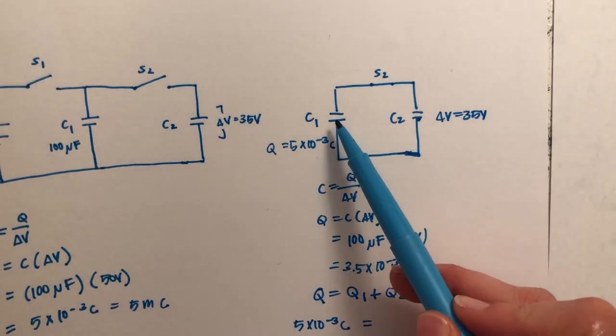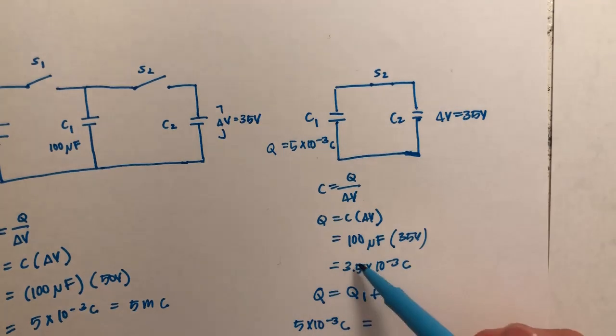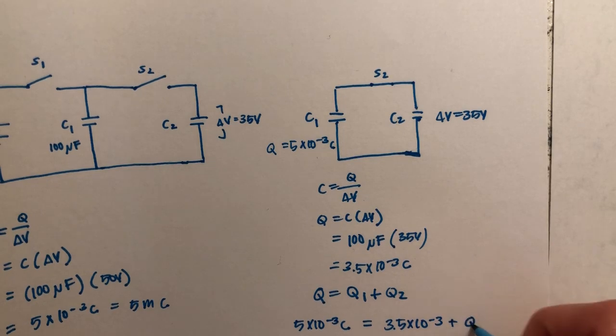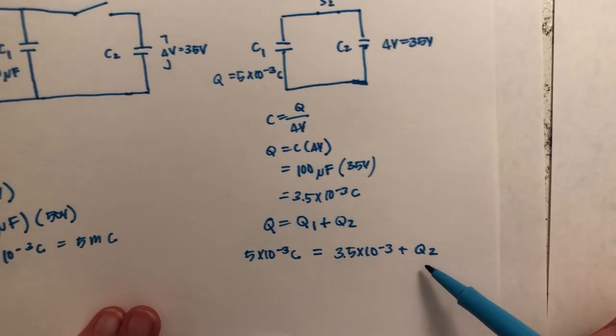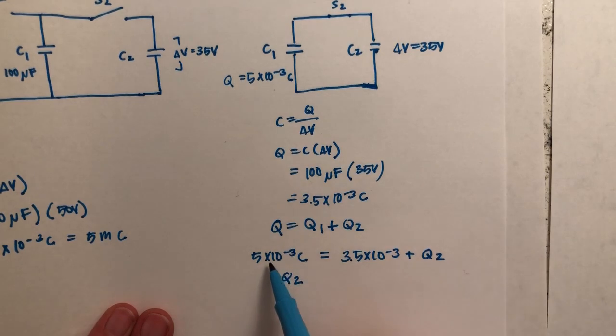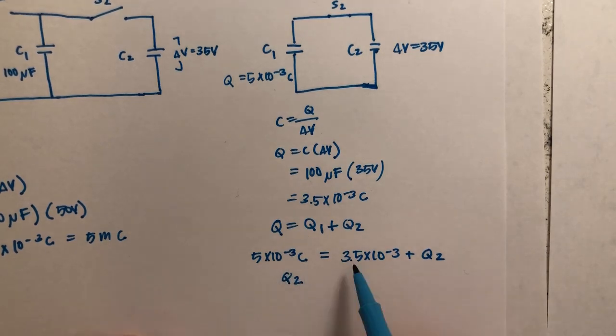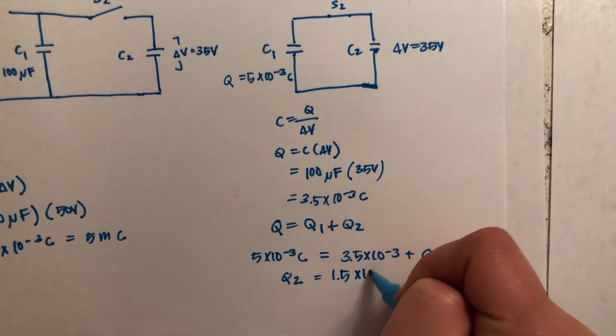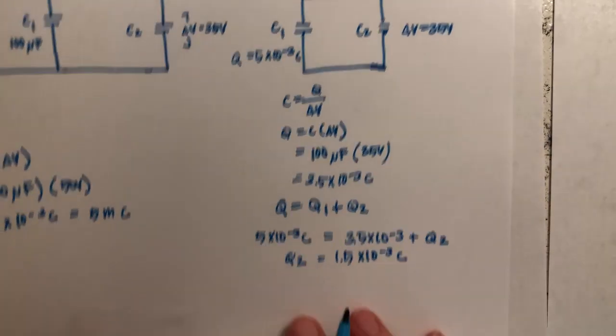And right now, capacitor 1 has 3.5 times 10 to the negative third coulombs. And we're trying to find the charge on capacitor 2. So the charge on capacitor 2 is 5 times 10 to the negative third coulombs minus 3.5 times 10 to the negative third coulombs, which is 1.5 times 10 to the negative third coulombs.